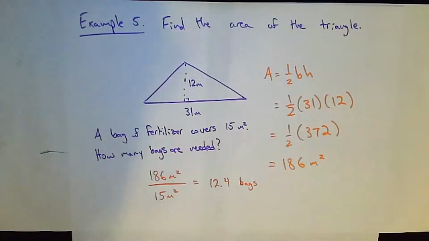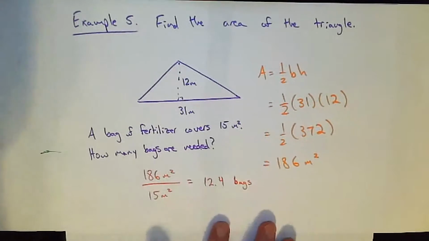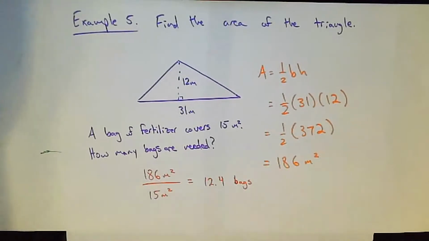So he'll probably need to buy 13, right? He'll have a little bit extra, but he'll need to buy 13 because they're probably not going to let him buy just 4/10 of a bag there. Now, if he needs enough, then he might be better off not buying bags, but going to somewhere where they can give you bulk fertilizer, not bags, right?